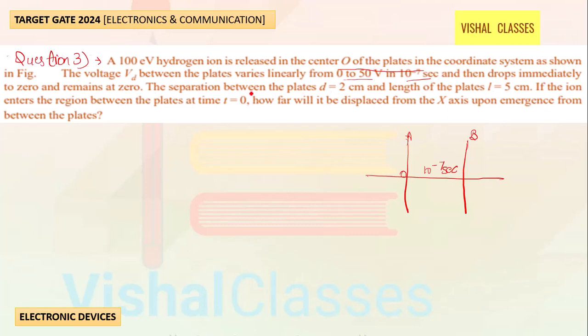at 0. Separation between two plates is d equal to 2 cm and length of plates L is equal to 5 cm. This length is given, 5 cm. If the ion enters the region between plates at time t equal to 0, how far will it be displaced from the x-axis?